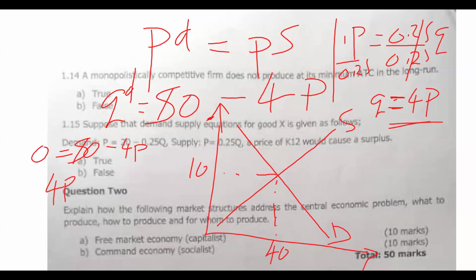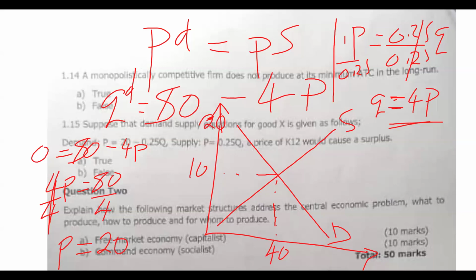It's 20. So the intercepting price is 20. That's how you find it. You simply go to the function and set the quantity to 0 to find the price.